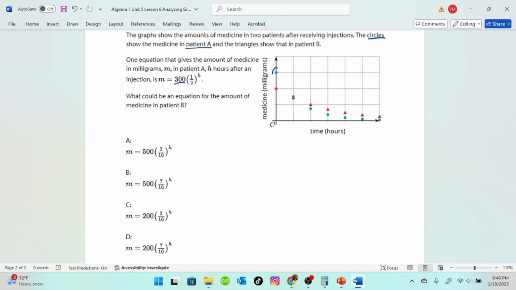So if I look at the vertical intercept right here, this point must be 0, 300. So if I were numbering this, then this line is 300, this line is probably 200, and this line is probably 100. And then if I am labeling the hours, these hours are probably increasing by 1.